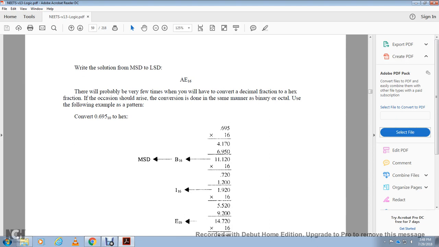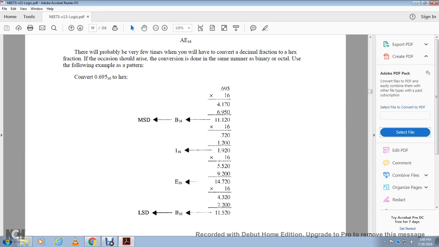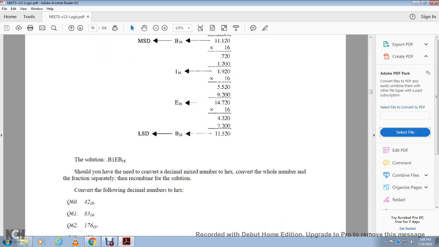Then you have 0.92 times 16 is 14.72, E base 16, and then you write this. Then you'd have 0.72 times 16, which is 11.52, B base 16. So your answer would be B1EB base 16.